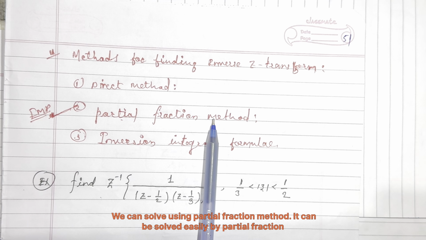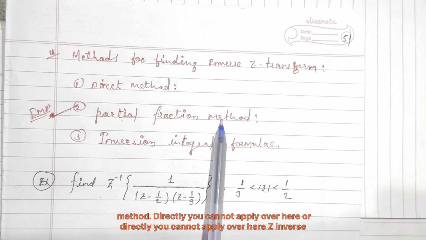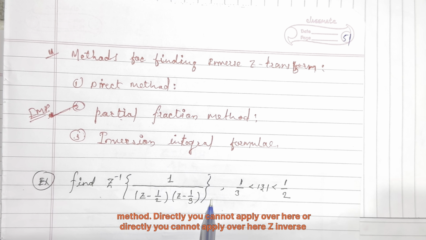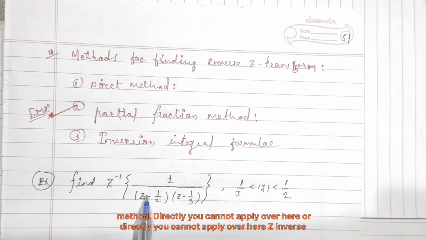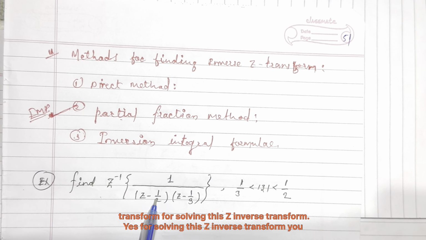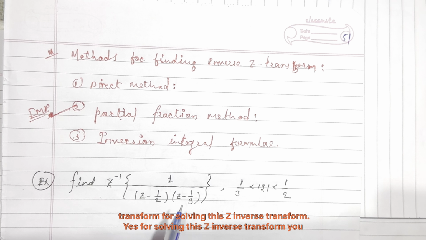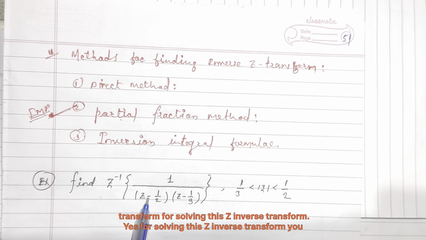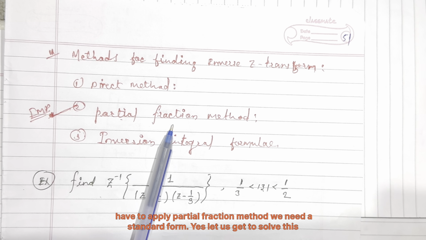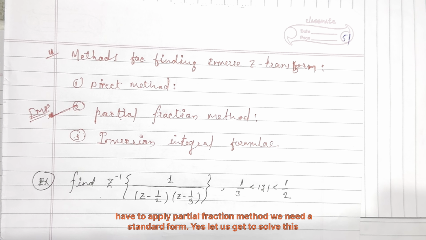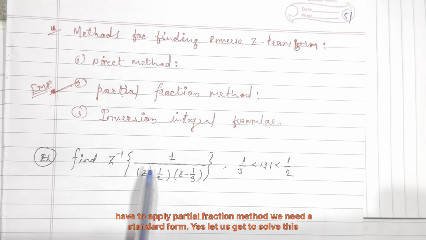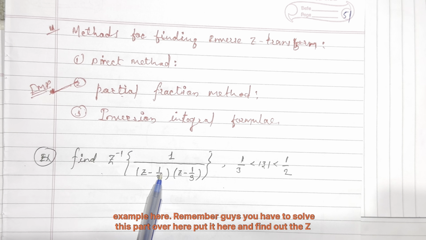It can be solved easily by partial fraction. You cannot directly apply the Z inverse transform here; for solving this you have to apply the partial fraction method. We need a standard form.